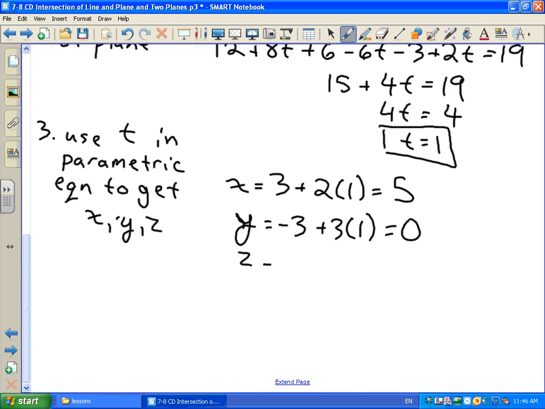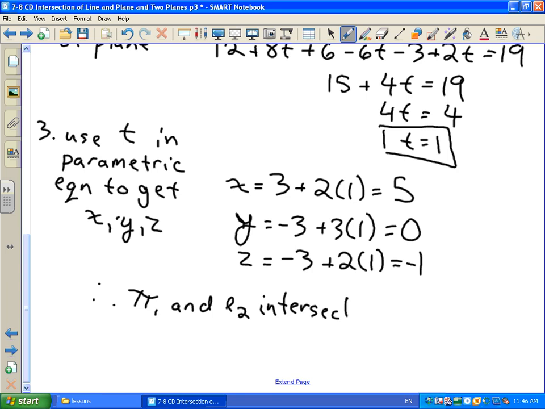And z is going to be negative 3 plus 2 times 1, which gives us negative 1. So we've got our values of x, y, and z, and they represent the point of intersection. So therefore, our plane and our line intersect at the point 5, 0, negative 1.